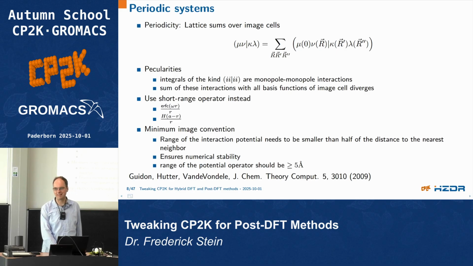For non-orthorhombic cells, things will get more and more complicated. But that's the only way to ensure numerical stability of our SCF iterations. And in practice, we found that the potential operator should have a range of at least 5 angstrom, meaning that the actual cell should have dimensions of at least 10 angstrom in all 3 directions.